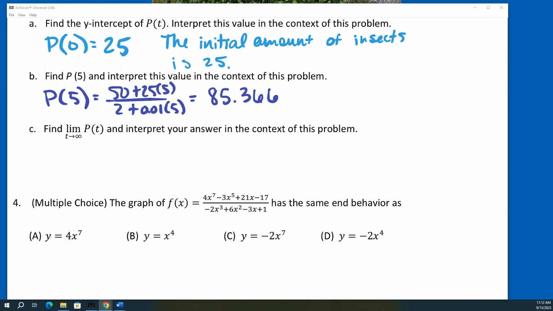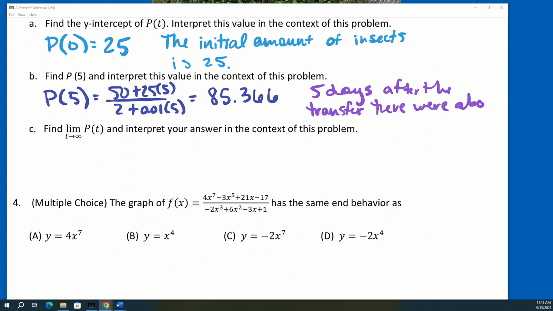Okay, so how do you interpret this in the context of the problem about insects? So 5 days after the transfer, there were about, now we're not going to do a partial insect, so 85 insects in the colony.